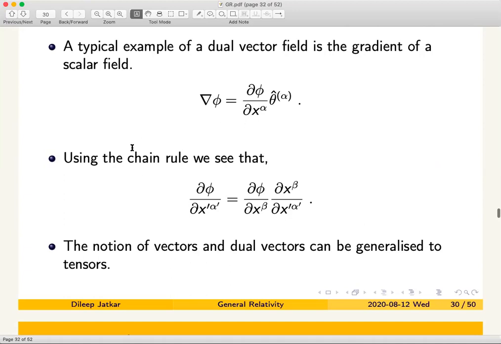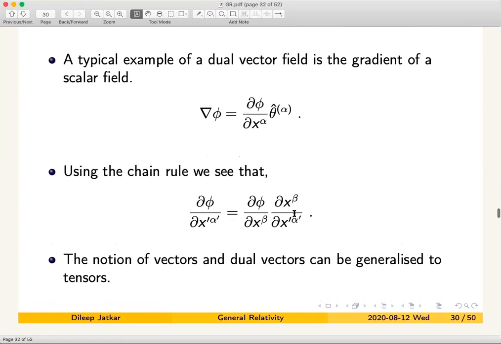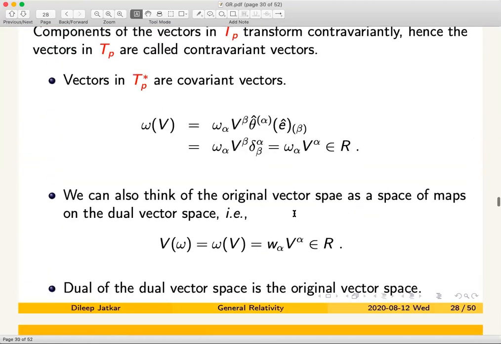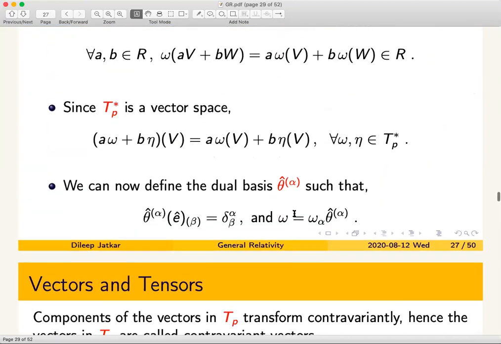Now, if you do a coordinate transformation, then you can check by chain rule that del phi by del x prime would be del phi by del x times del x by del x prime. Now notice that this del x by del x prime is precisely the kind of transformation that we had seen for omega.